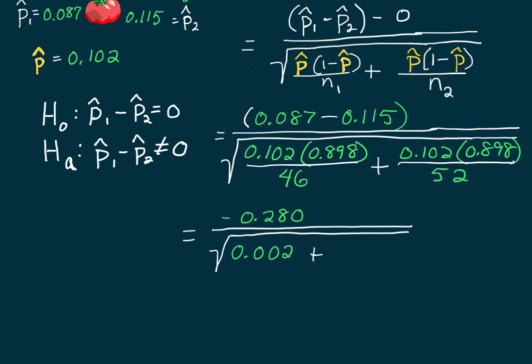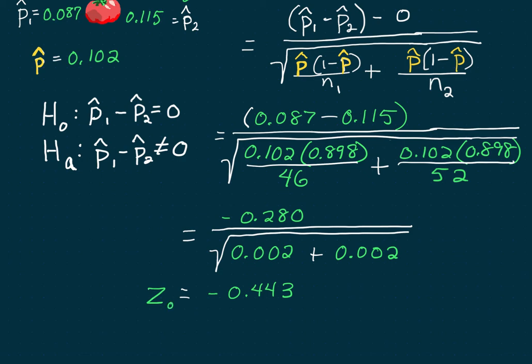Okay, and then for my second fraction, I have found the value 0.002. And these two values round to be the same because our samples are really quite close in size. When you are working with samples that have a large difference in sizes, you will not get the same values here. And then finally, when we evaluate, we get negative 0.443. That is our test value.